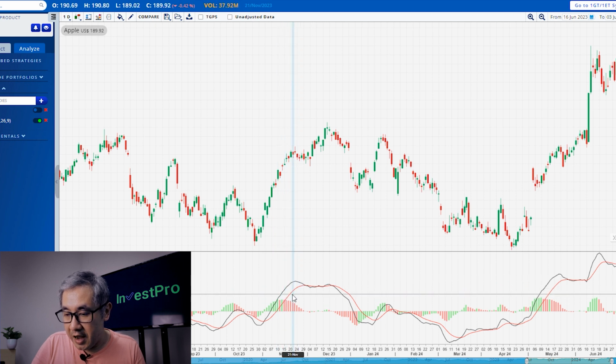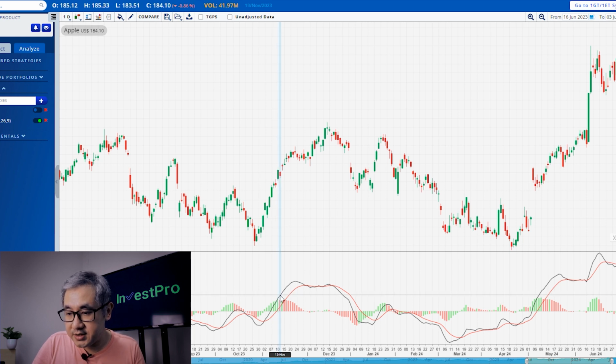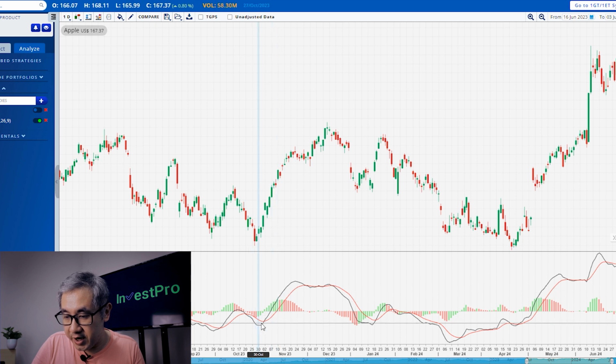This is how the MACD crossover works: when the MACD line, the black color, crosses over the red color, the signal line, this indicates bullish in the market. So some traders just want to buy based on this indicator.